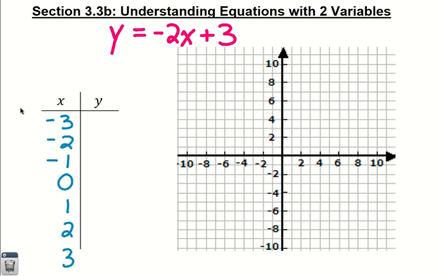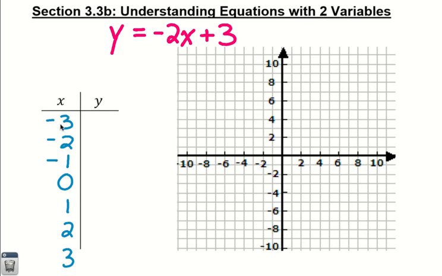Sometimes they're just given to you, a certain list of numbers already in the x column. Sometimes you have to come up with those values on your own, but that's what's basically happening. We're going to come up with a bunch of pairs, so let's just get to it.